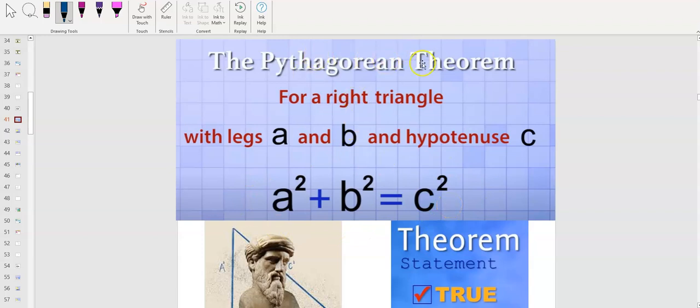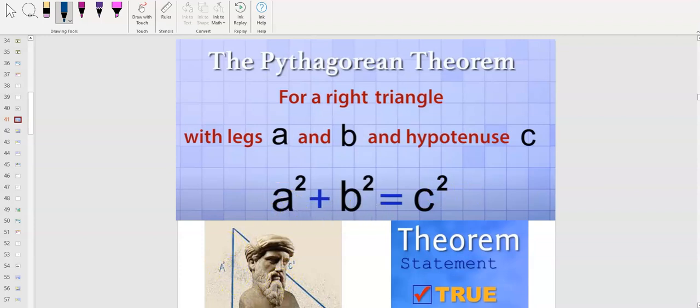Now, what in the world does this name have to do with anything? Well, Pythagoras, right here, was a Greek philosopher, and he or some of his students discovered that if you take a right triangle, like the one behind his head here, you can find the length of one side, knowing the other two sides, by using this formula.